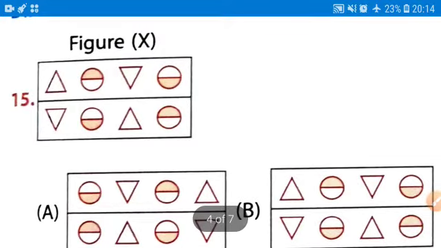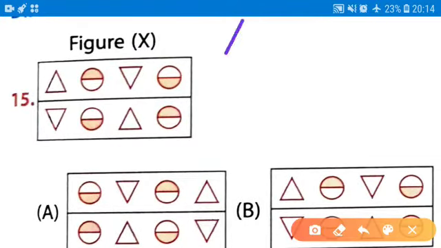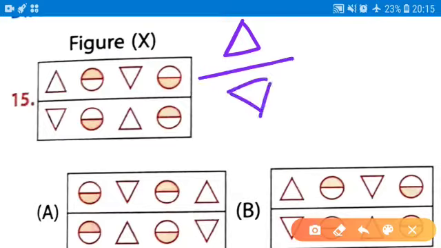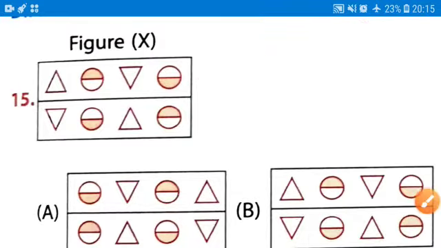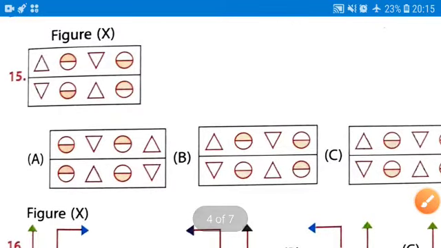For example, if a triangle is here, the water image of the triangle will be like this. If the circle is shaded on the upper side, the water image will be like this. If you try to solve it, you will get the correct answer.